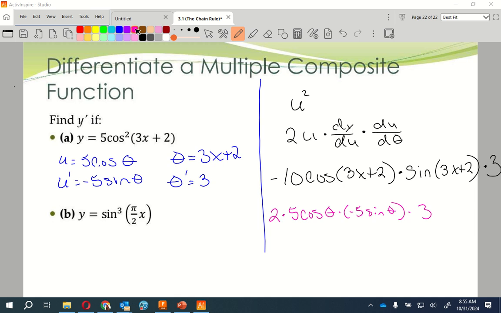I think I might be missing a 5 in this one. Am I missing a 5 right there? Yeah, I am missing a 5.